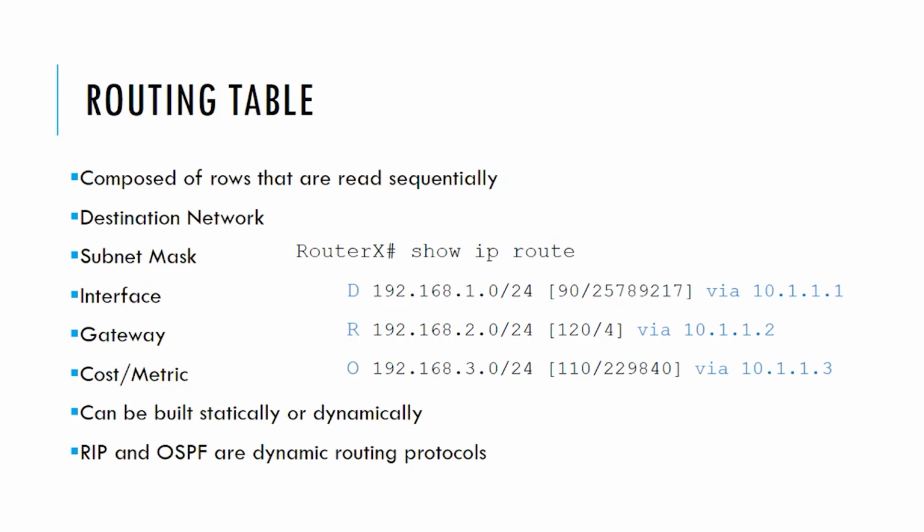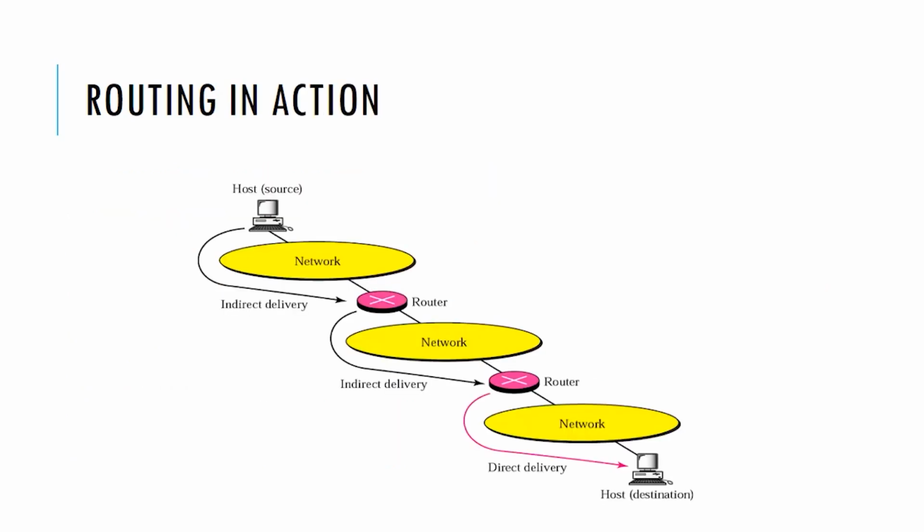The destination network can be derived from the destination IP address by ANDing it with the subnet mask. According to this, we can know the interface that the router is going to choose for forwarding the packet and the gateway that will be the next hop for such a packet to go to.